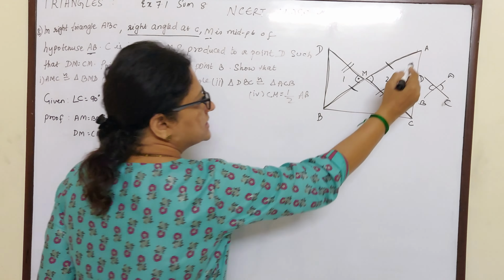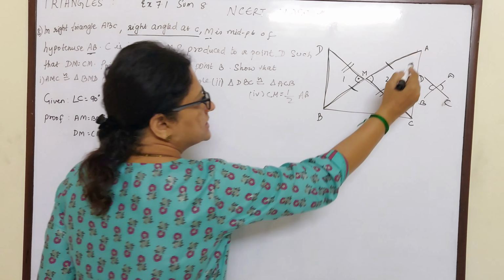So I'll start with A and D. If I'm starting with A for this triangle, here I should start with B, because A, B are lying on the same side. It is the hypotenuse. So angle AMC is equal to angle BMD. If you see, this is your side, this is your side, and this is your angle.